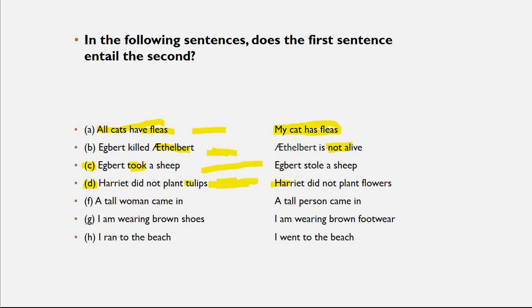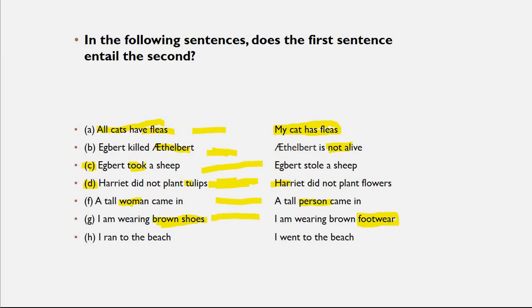Let's look at F. A tall woman came in. A tall person came in. Yes, a woman is also a kind of person as a hyponym, and this is the superordinate. So this entails the second one. This is correct. I am wearing brown shoes. I am wearing brown footwear. Brown shoes are hyponyms of footwear, the superordinate.